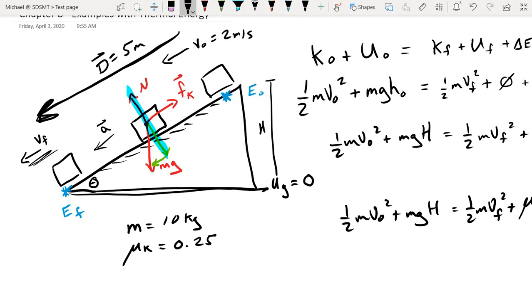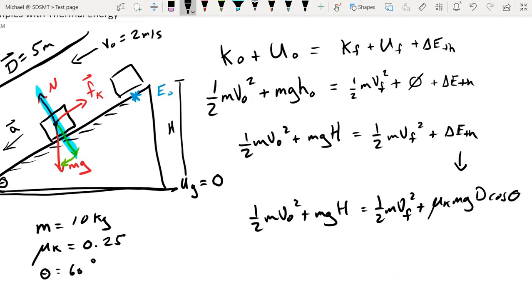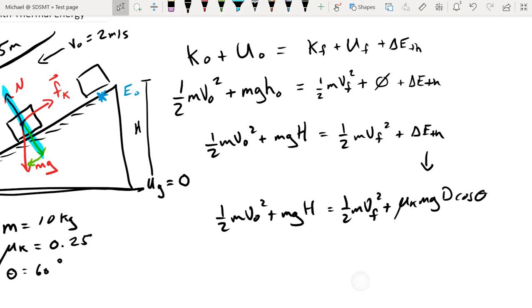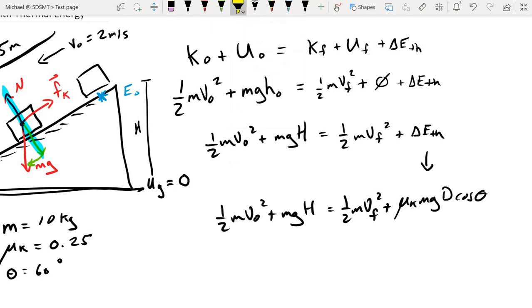We should probably have a theta value. So I'll say 60 degrees. So we can plug that in. Out of all the things that we have in our equation, we know what theta is. We know big D. We know V initial.